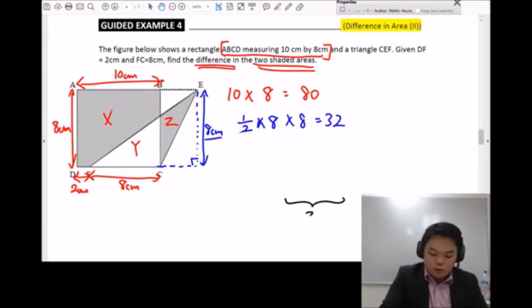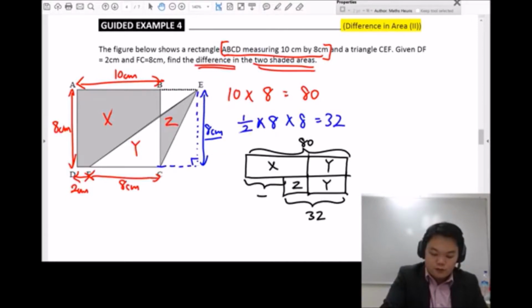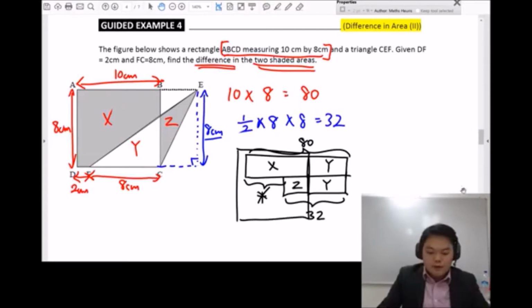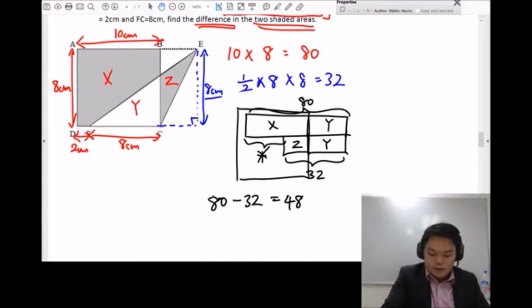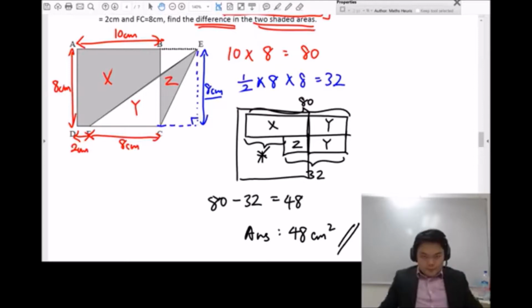This is 32. The difference in area between X and Z can then be isolated and found. So this will be 80 minus 32 to give you 48. And then the answer here will be 48 cm squared. Alright?